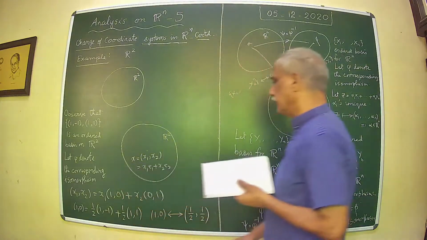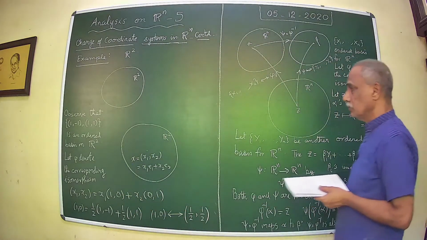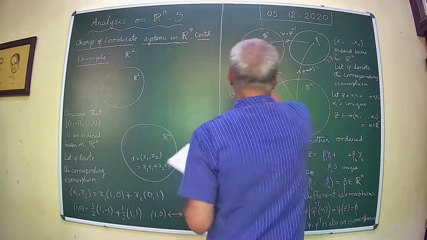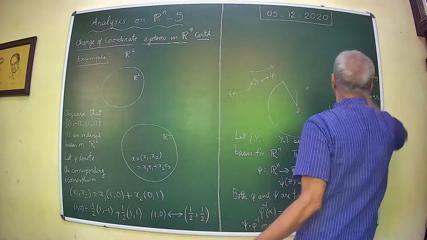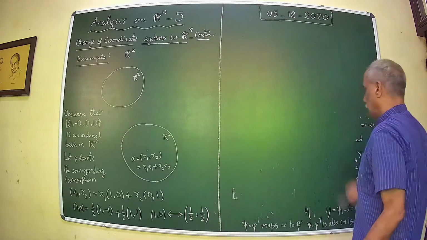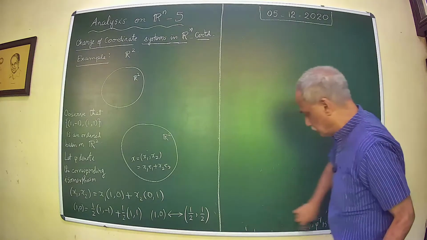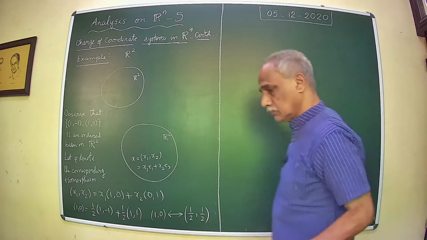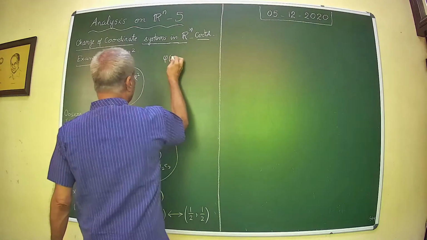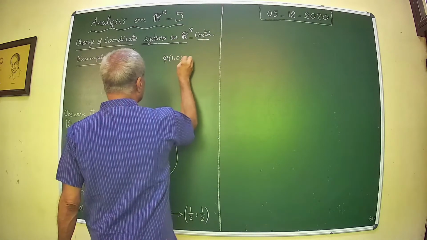This is the new identification that you have, or what you have is phi of (1, 0).